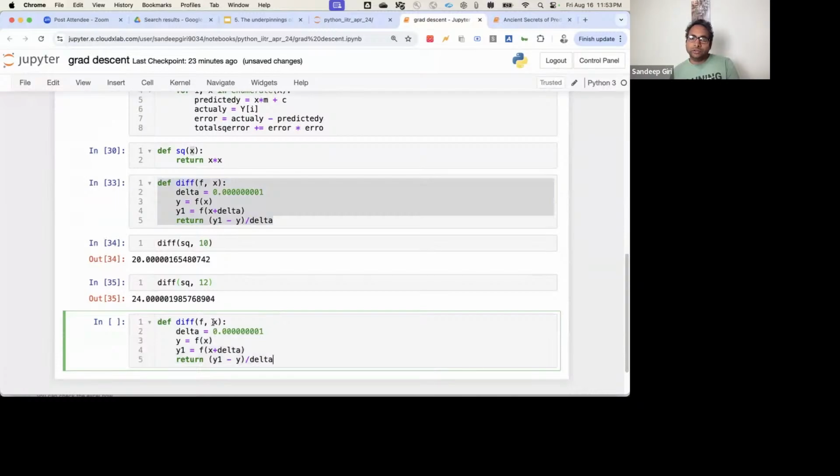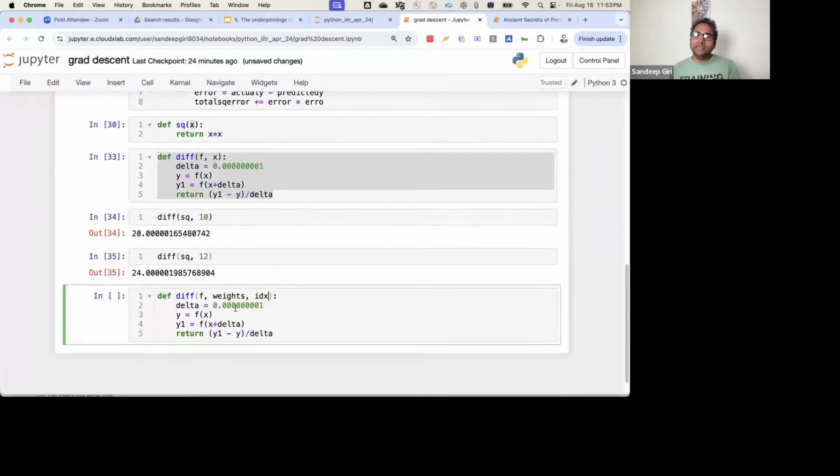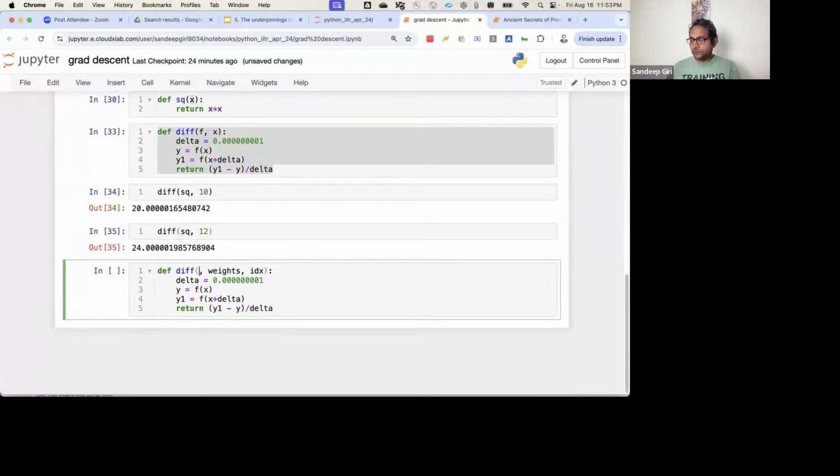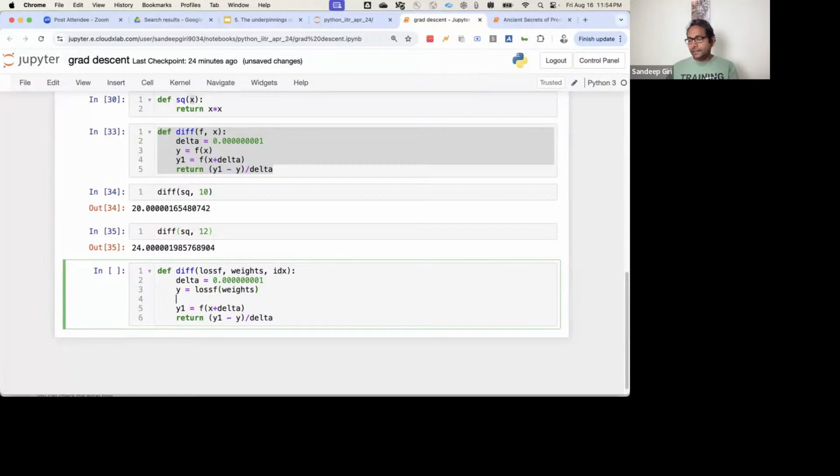We say f, weights, and the index of which weight you want to differentiate the function at. Instead of f, we'll call it loss function. So first call the loss function on the weights as is, and then increase that particular weight.